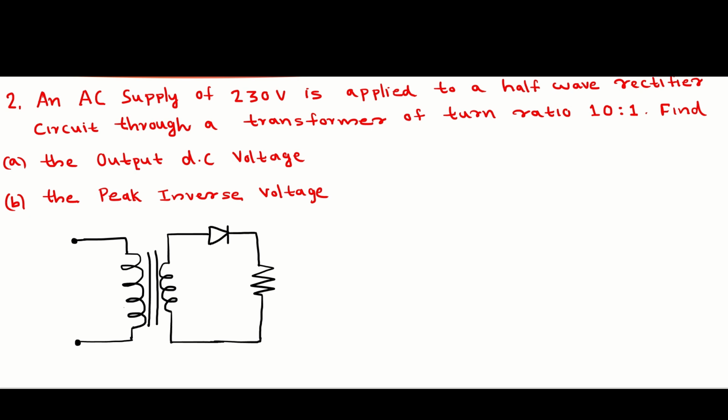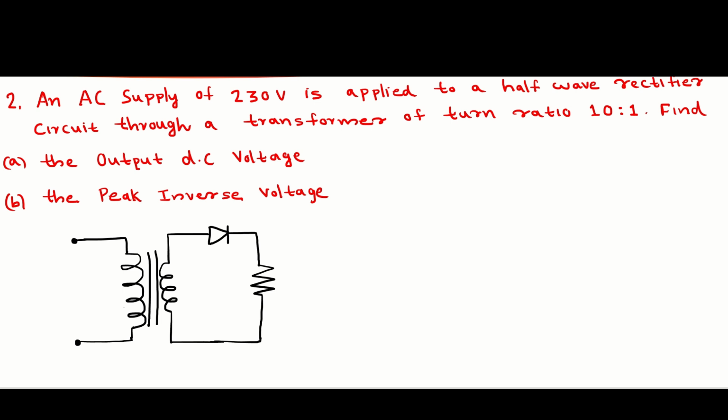And the second question is, an AC supply of 230 volt is applied to a half-wave rectifier circuit, shown here, through a transformer of turn ratio 10:1. Find the output DC voltage and peak inverse voltage.